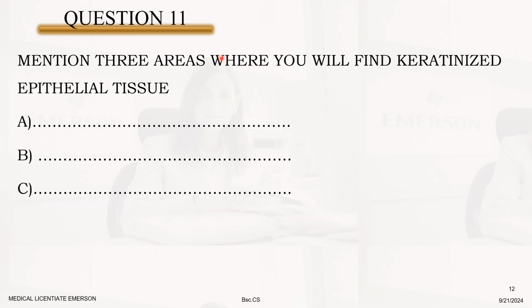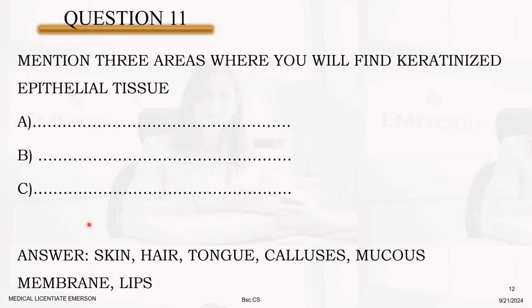Then mention three areas where you will find keratinized epithelial tissue. We have the skin, hair, tongue, calluses, mucous membrane, as well as the lips.